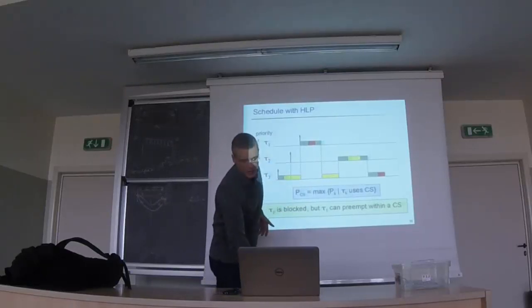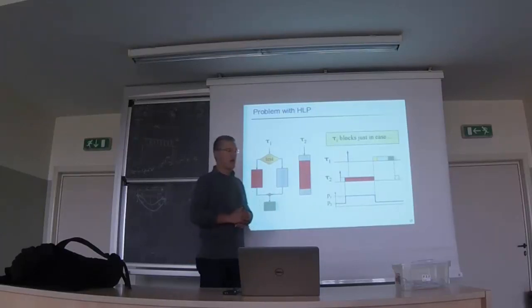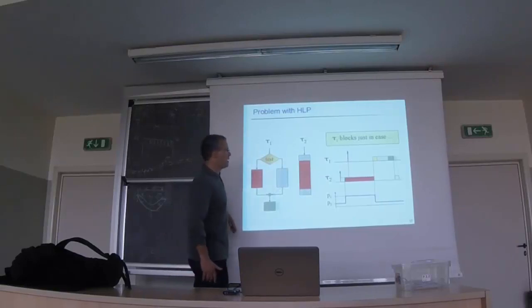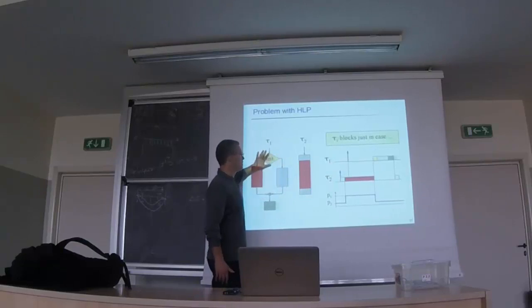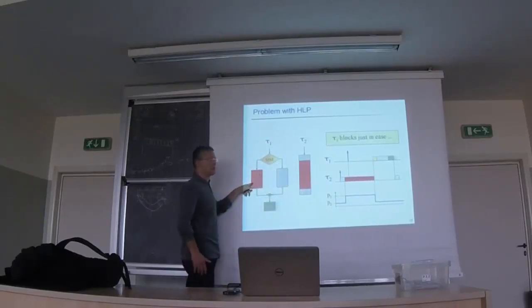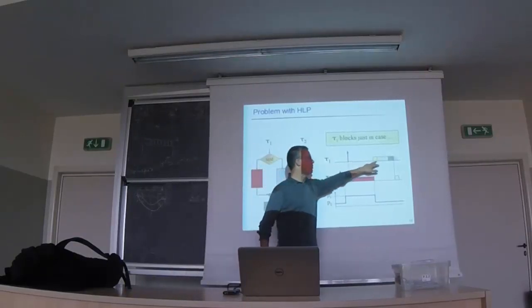But it suffers from another problem, which is, depending on which branch I execute, whether a branch with a critical section or a branch without a critical section, I am blocked nevertheless. So even if task 1 accesses a branch, a chunk of code which does not access any shared resource, it is still blocked.